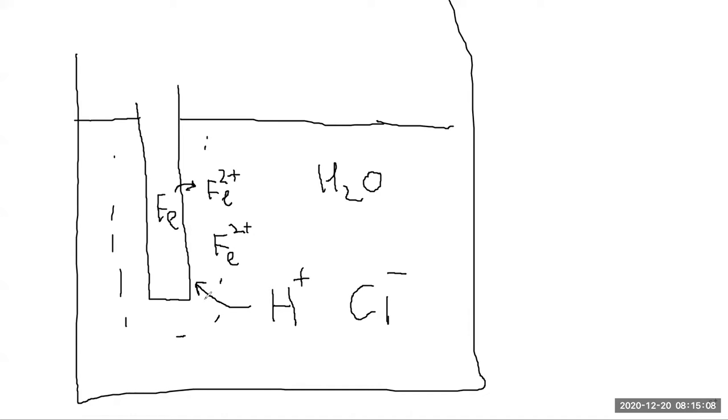It is not depositing on the surface, because if an iron ion takes the electrons back, it deposits on the surface as a solid. It returns to the solid state. But hydrogen is not solid. Hydrogen is a gas. So when a hydrogen atom forms, it cannot become part of this iron piece.